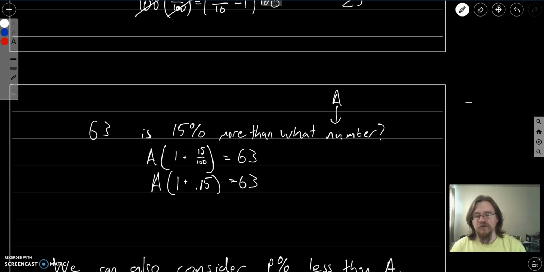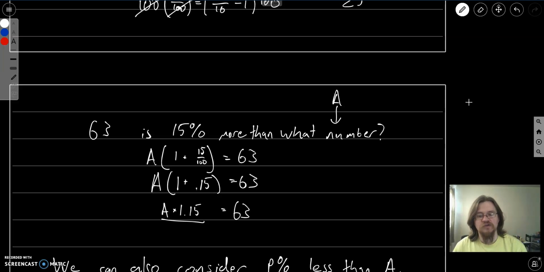And 1 plus 0.15 is 1.15. So a pretty easy multiplication to do, addition to do. I'm getting ahead of myself. And now I have A times 1.15 is equal to 63.